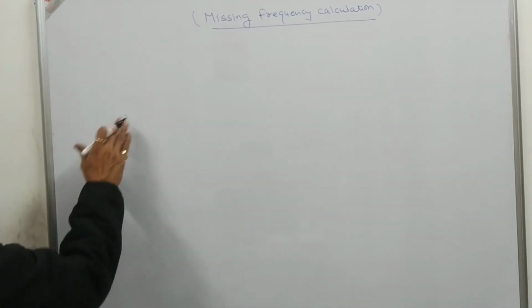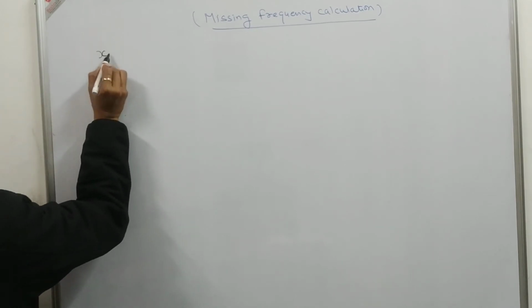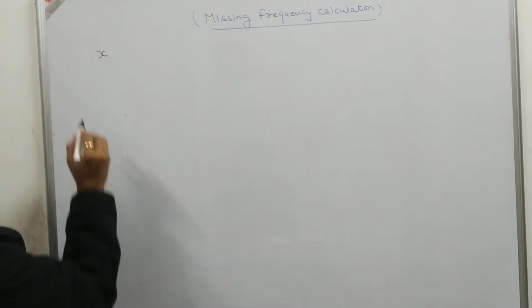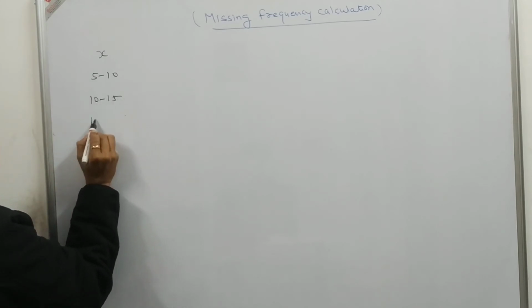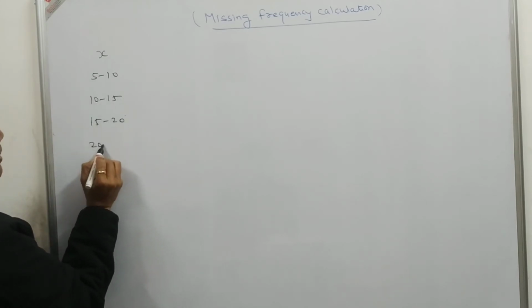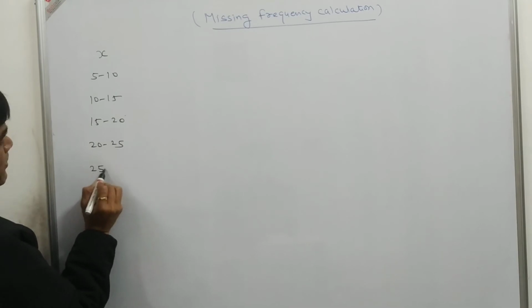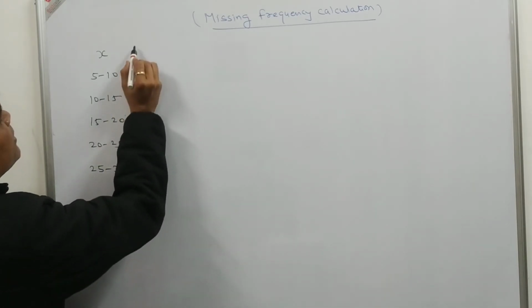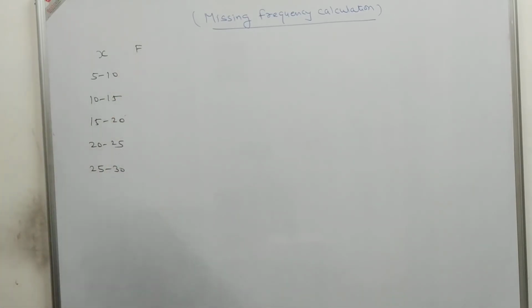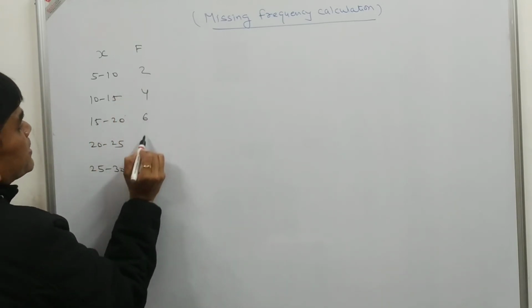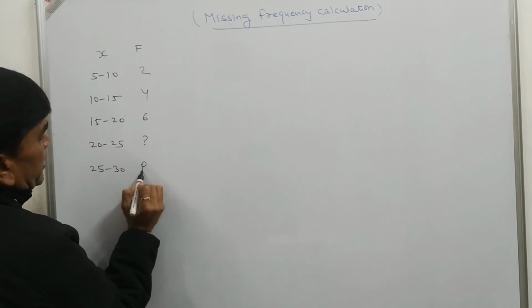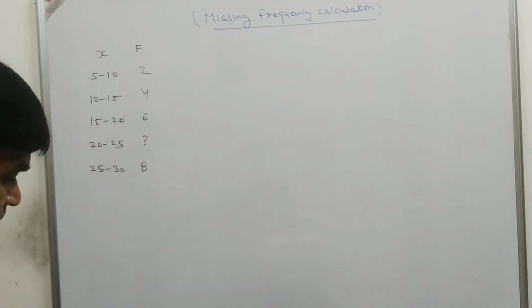I have another question for missing frequency: classes 5 to 10, 10 to 15, 15 to 20, 20 to 25, 25 to 30. Suppose this is our question. The given frequencies are 2, 4, 6 and 8.